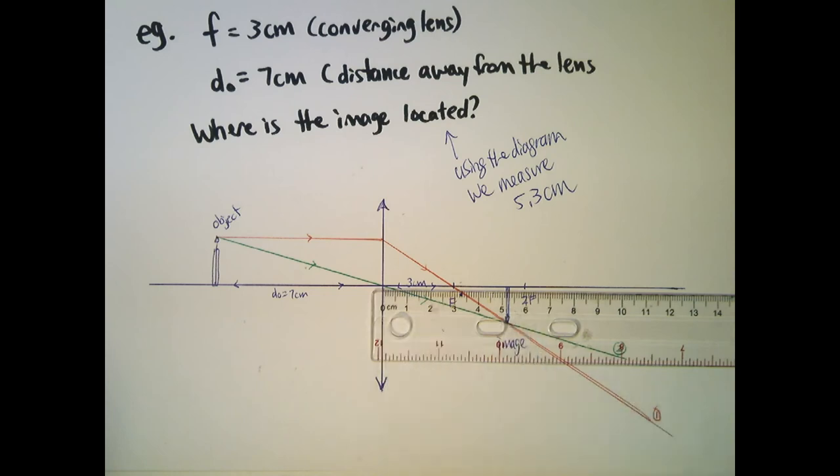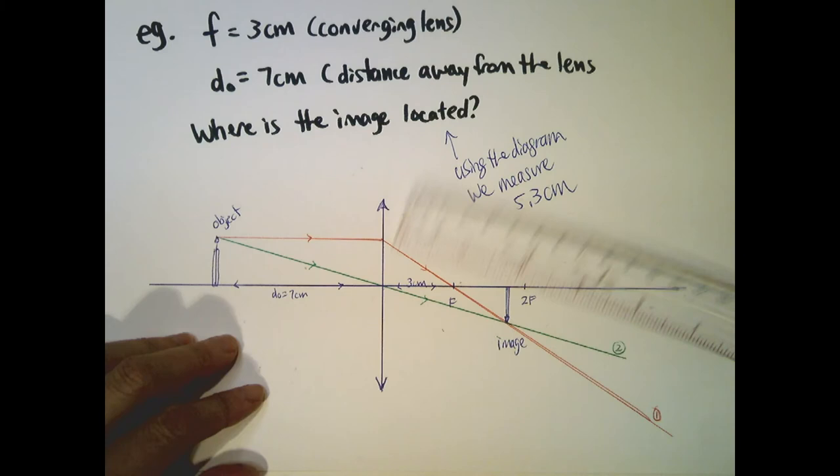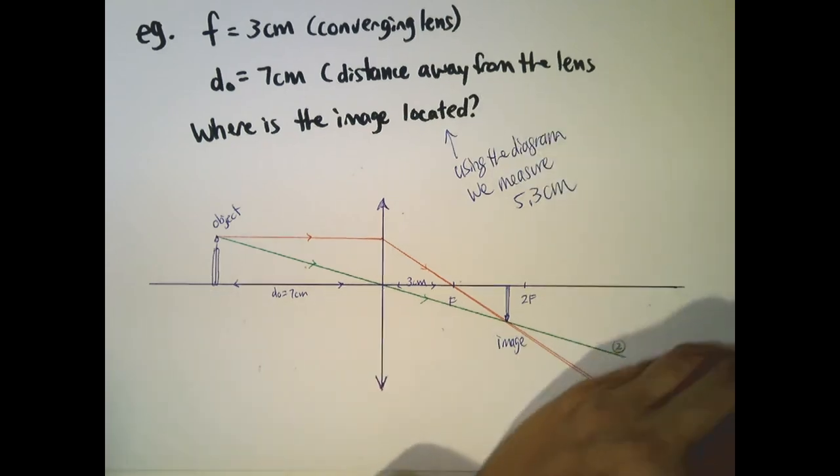Now let's use the formula and see if we get close to 5.3 centimeters. Let's take the piece of paper and bring that over here, and let's write our formula down.